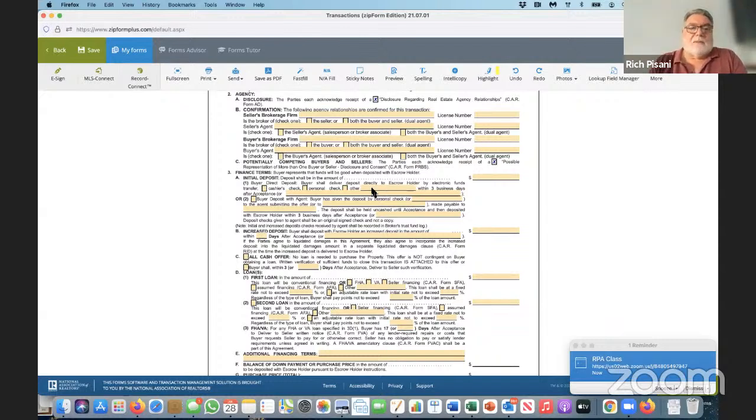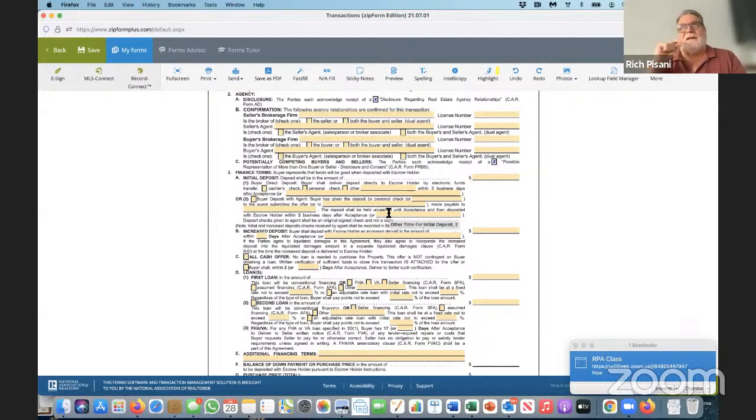So there you go. Increased deposit. A lot of people are confused by increased deposit. Where would you use increased deposit? If somebody says, okay, I'll put $5,000 down as an earnest money deposit, and then I'll increase the deposit once something happens, either in a week or after the seller delivers disclosures, that is increased deposit.